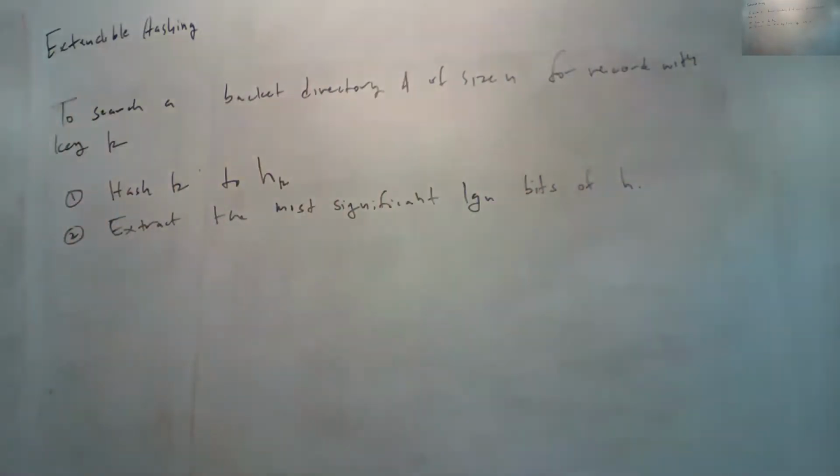So if we had a bucket directory of size 4, we would extract the top 2 bits. If we had a bucket directory of size 8, we would extract the top 3 bits, and so on. Okay?